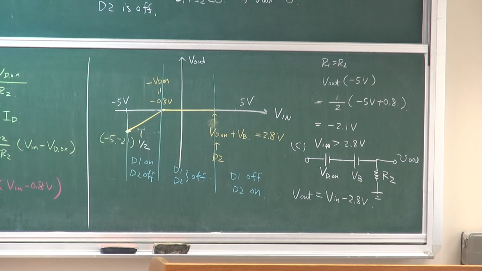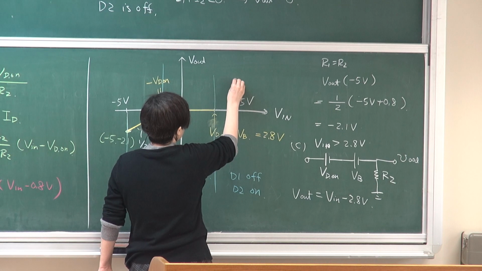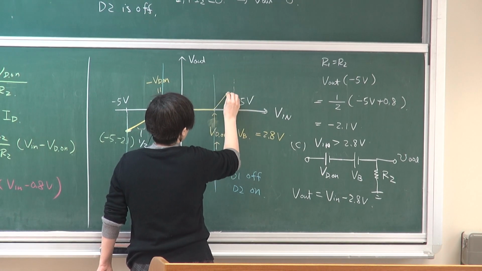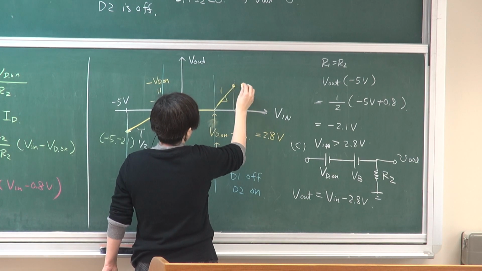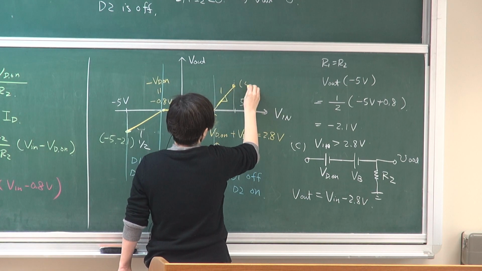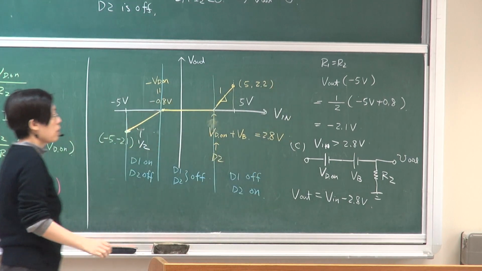So you get a slope of what in zone 3? The slope will return to 1, right? Because it's 1 to 1. So you get a higher slope. The slope will be 1, and it will then be 5, 2.2. Right?